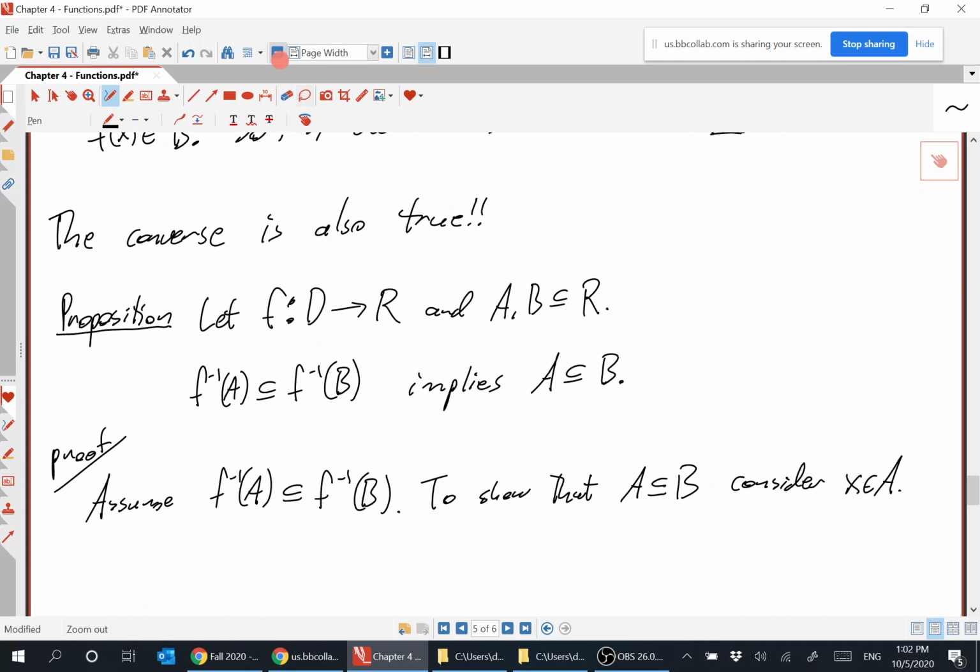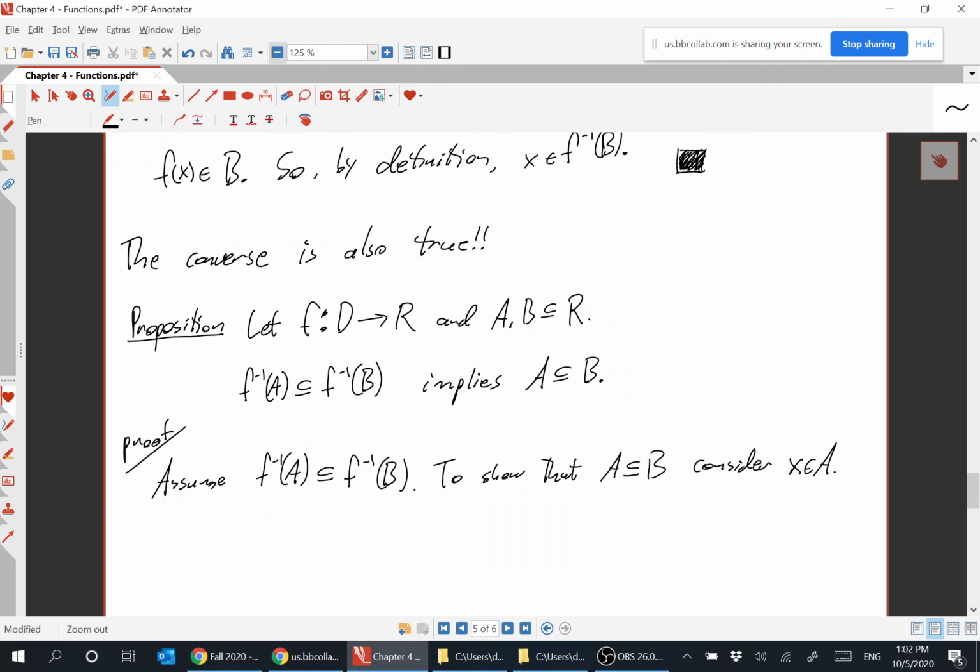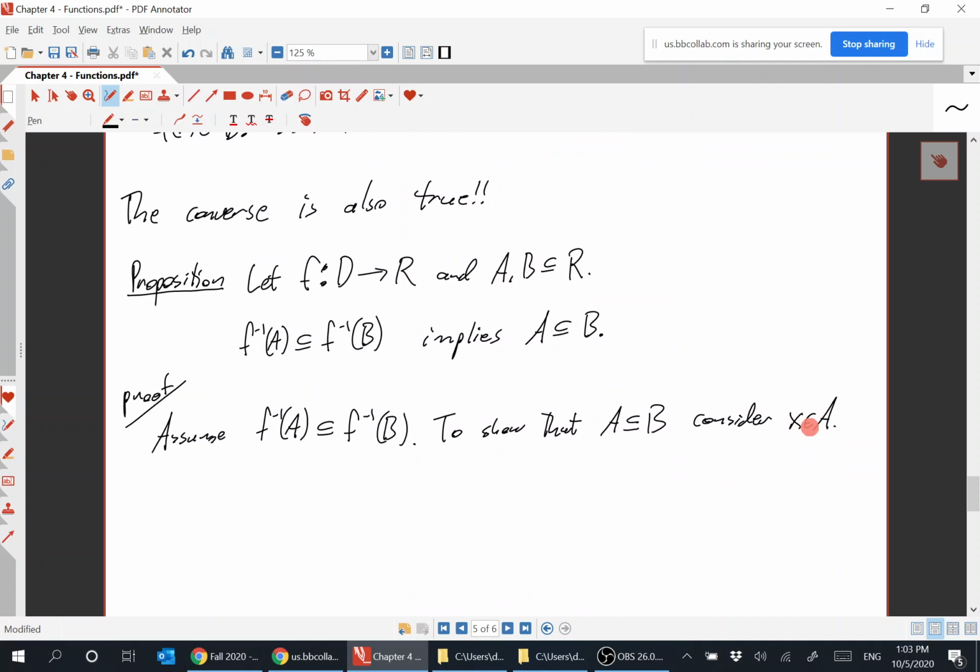Because you've got some x in A, what goes on here with x? By definition, what happens here?